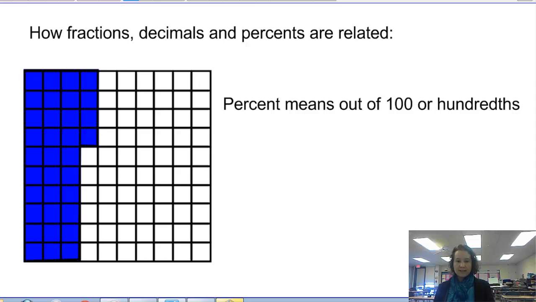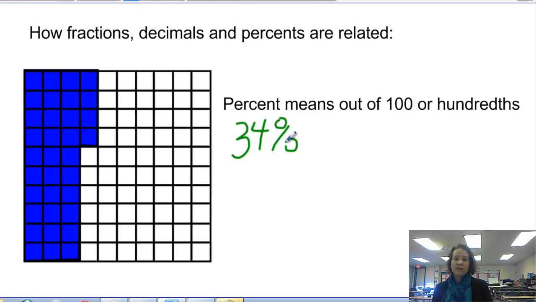So let's look at this 10 by 10 grid that we have here on the left. I can see that there are 34 squares shaded in. And so we know from our work in the packet that we did that 34 squares out of 100 would be 34%. And so I could write that 34% of that unit square is shaded in.